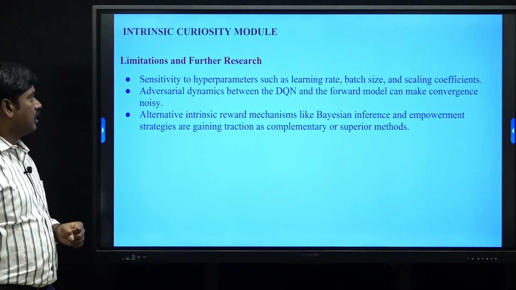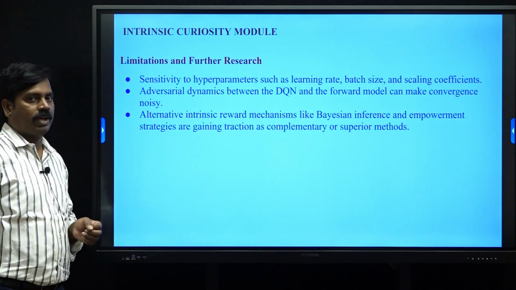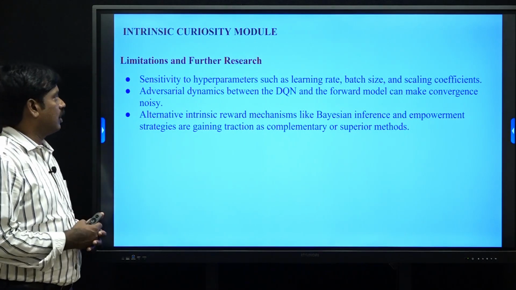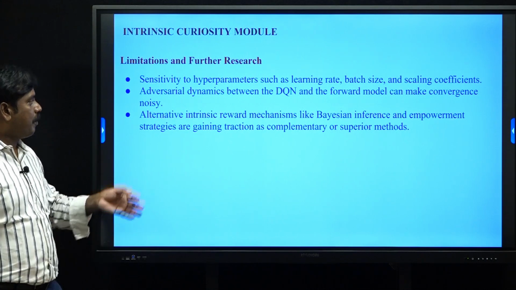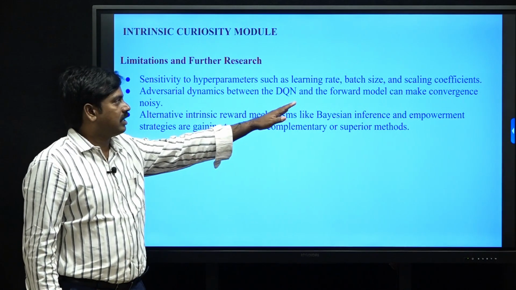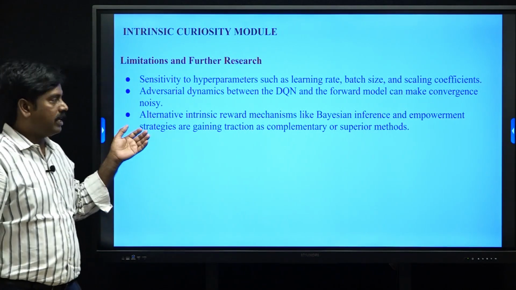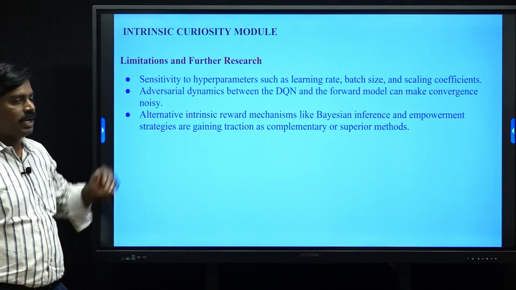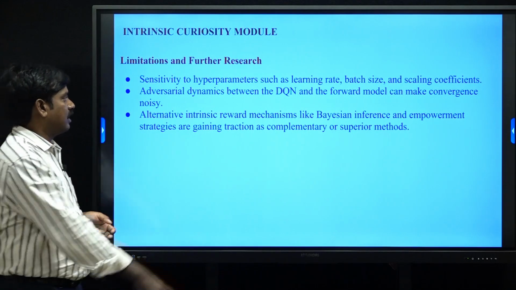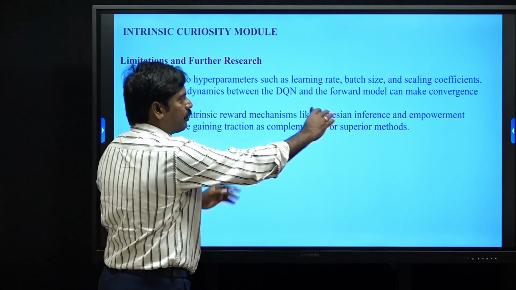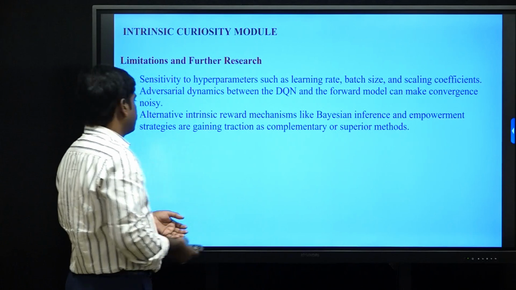The limitations and further research for the curiosity model: it is sensitive to hyperparameters such as the learning rate, batch size, and scaling coefficients. It is very sensitive to the hyperparameters. The adversarial dynamic between the DQN and the forward model can make the convergence noisy.